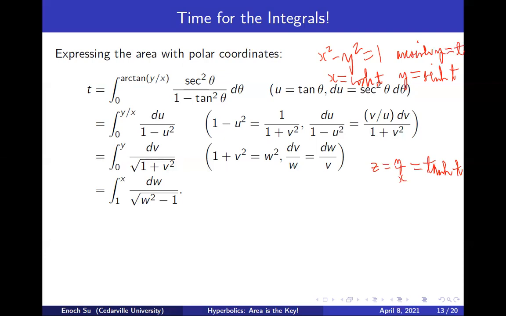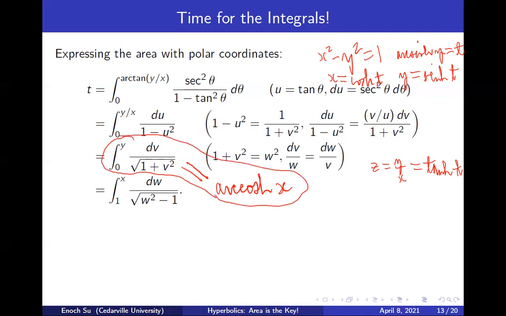Why do you decide that arc sinh of y is equal to the integral with the y in it? Could you have also said that arc cosh of x is equal to that integral? You could have said that. I mean, yeah, you could have.